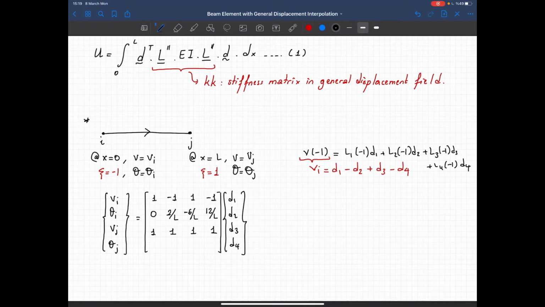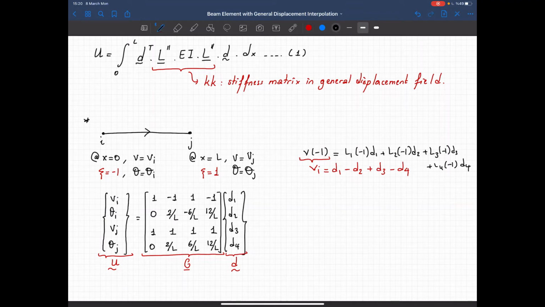And the final equation is 0, 2 over L, 6 over L, and 12 over L. So I call this matrix my nodal displacements, U. That's the G matrix. It's a transformation matrix between the nodal displacements and the general displacement variables. And let's call this one our general displacement coefficients.